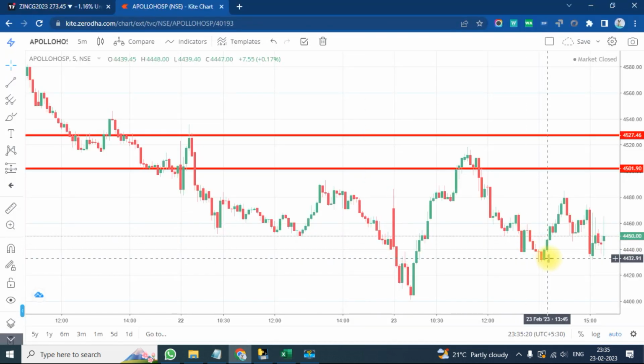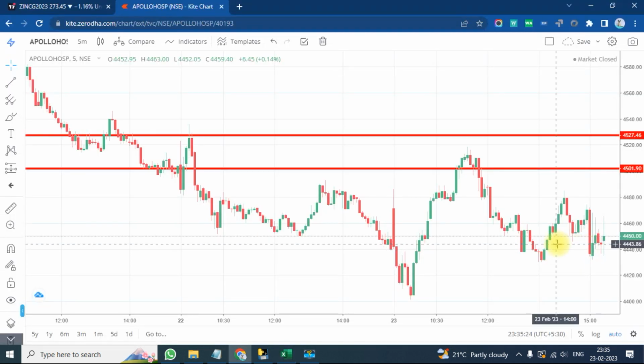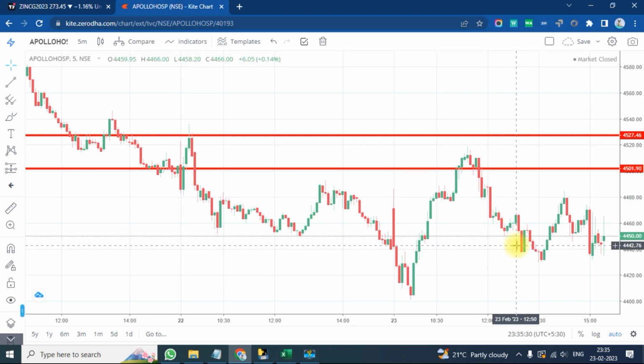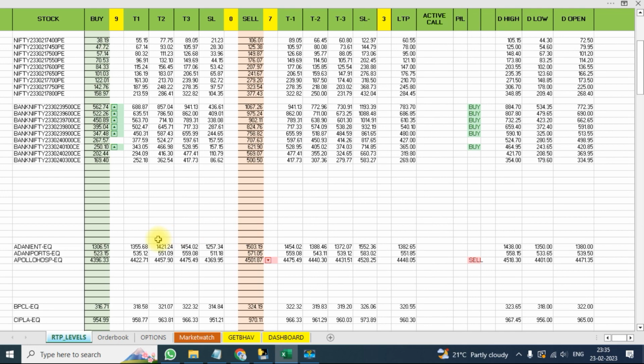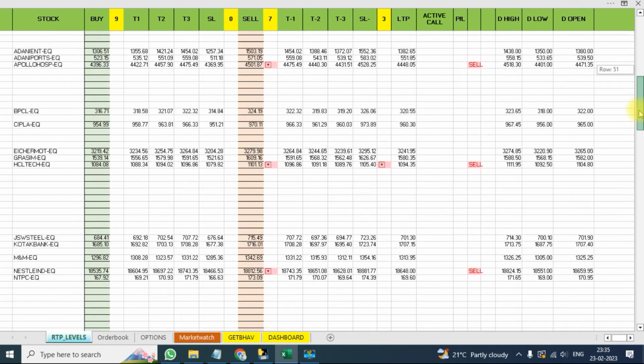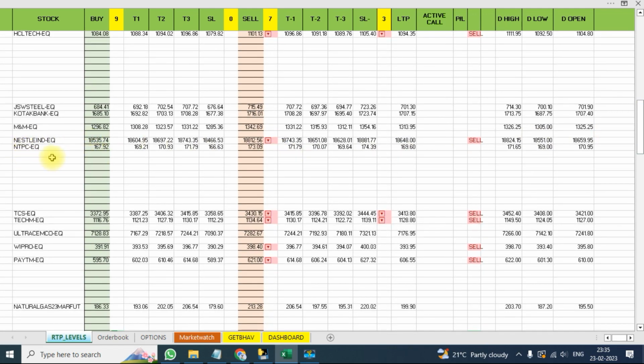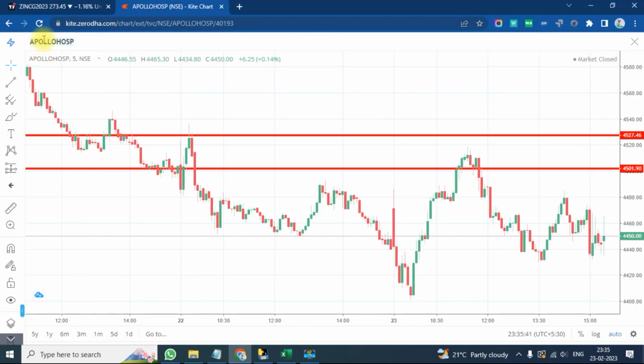You can see this 4440, yes, it was the second target at this point, and the first target was somewhere around this point. So both targets were achieved. In the same way I can scroll down and show you some other stocks, for example Nestle India.